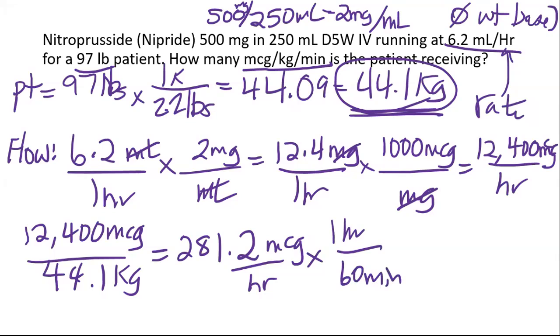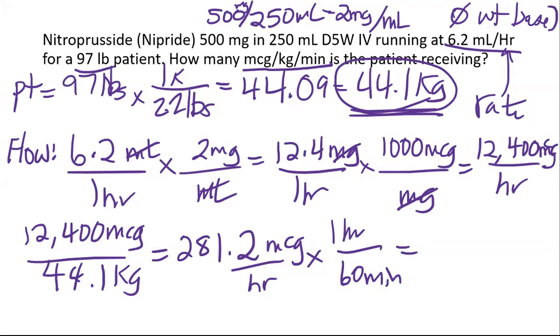And we're going to do 281.2, and remember, when you've got those crazy numbers, go ahead and round them, but don't use the original number in your calculator. You'll get a different number. So it's 281.2. Use your rounded number when you're doing that.